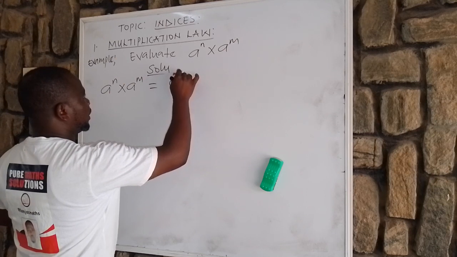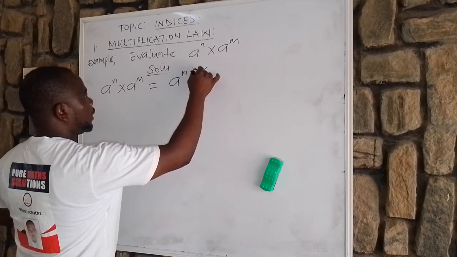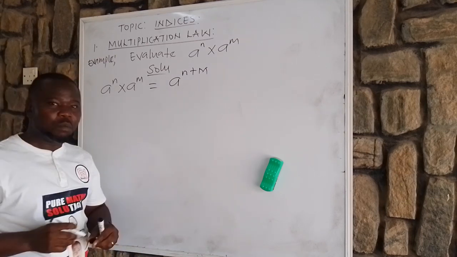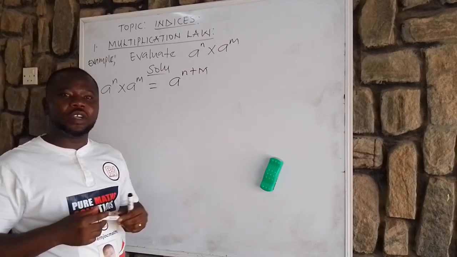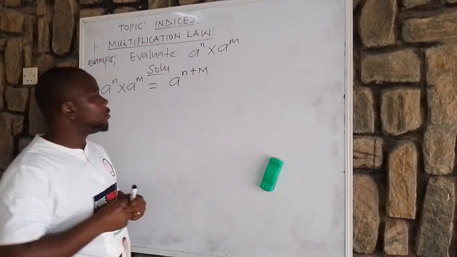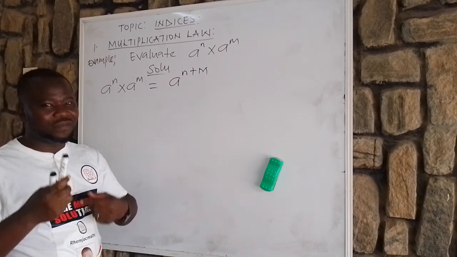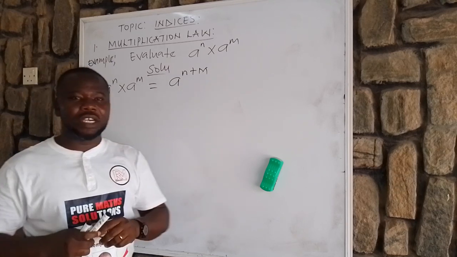That is, n plus n. That is the meaning of multiplication law. Do you agree with me? So if you come across something like this, you don't need a prophet to tell you. This is what you are going to do.